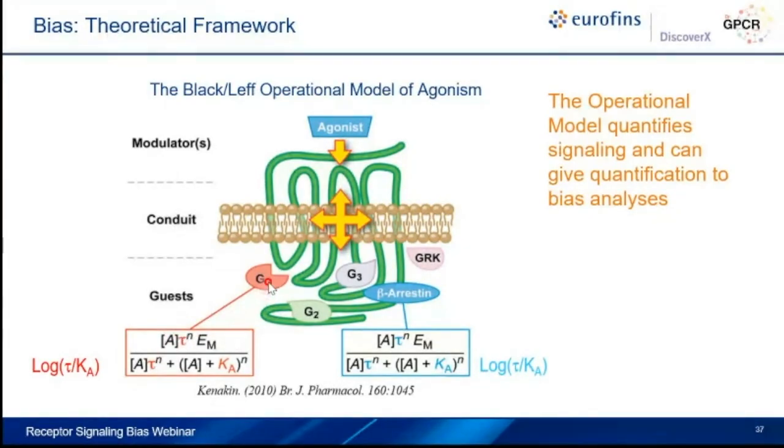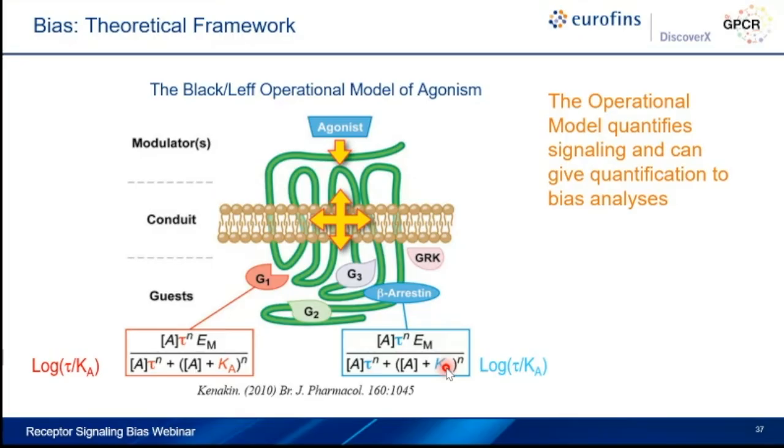So here I have a G1 readout, and I can quantify the efficacy and affinity of the compound for activation of G1, and I can choose a different readout, beta-arrestin, and again, the efficacy and affinity for the secondary pathway.